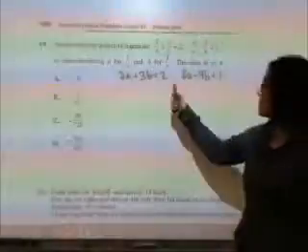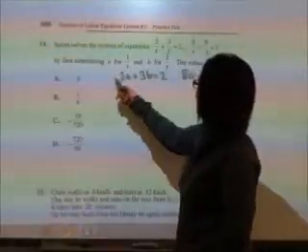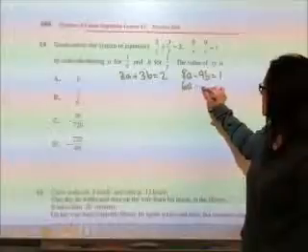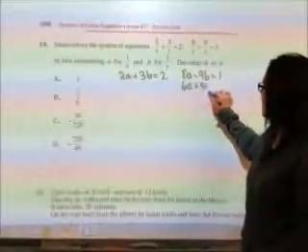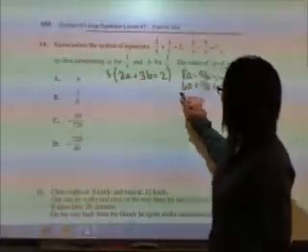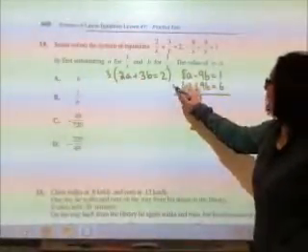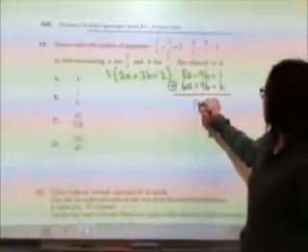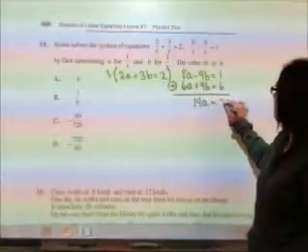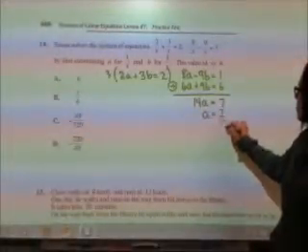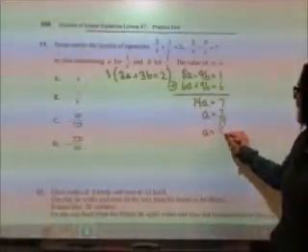So if I multiplied the first equation by 3, I would get 6a plus 9b equals 6. I can add the two equations together, and I would get 14a equals 7, and a equals 7 over 14, or a equals 1/2.